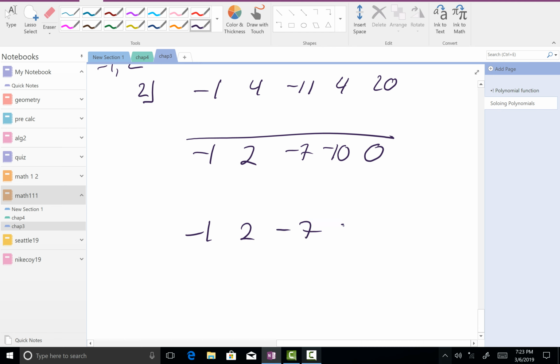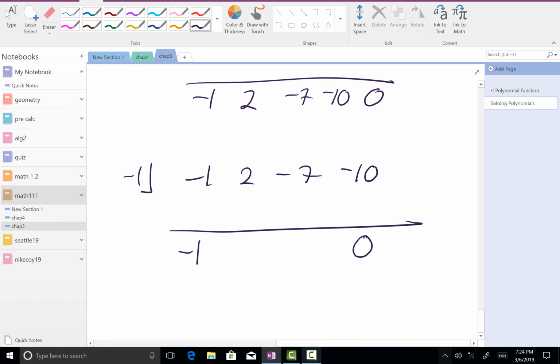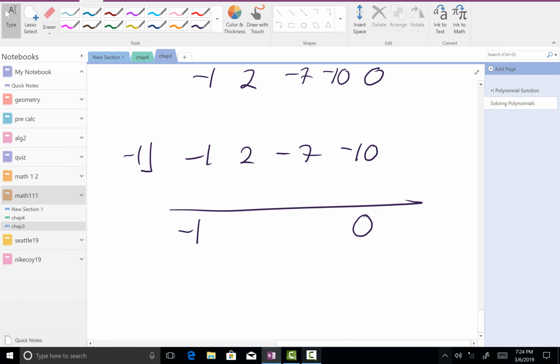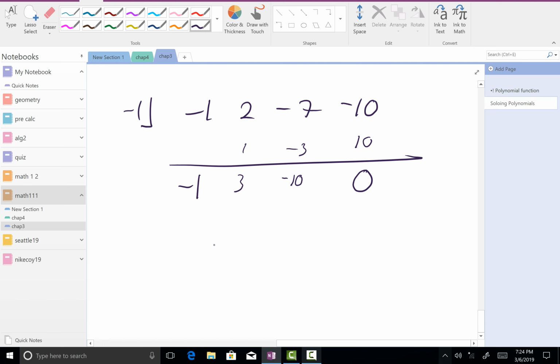Same thing. Okay. This time we're going to divide it by negative 1, and I know what those are. Then I have it broken down. I'm ready to use the quadratic formula.